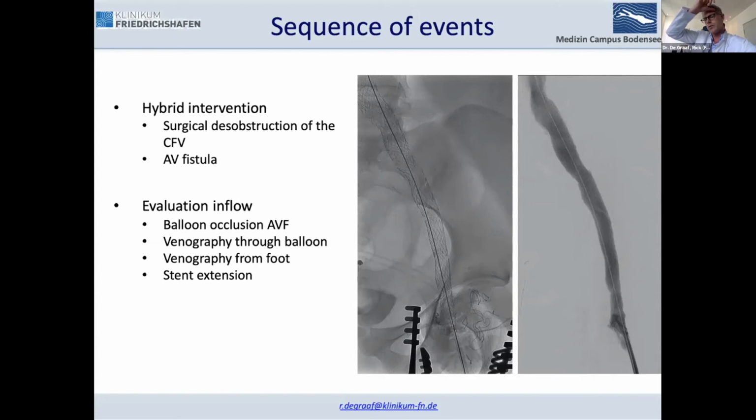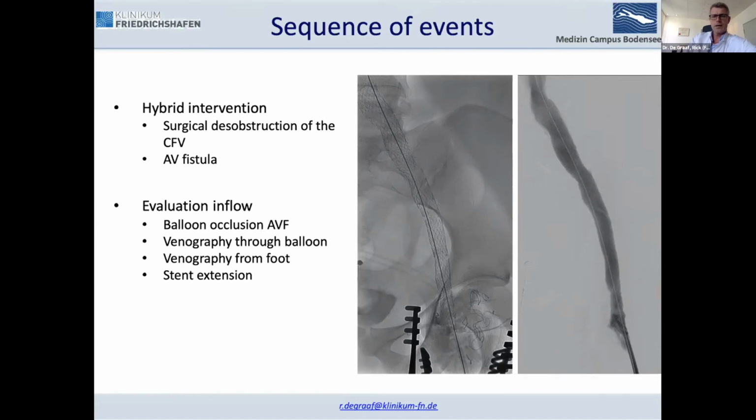Thereafter, I inflate the balloon, take out the wire and do an angio through the lumen of the balloon, thereby blocking the arterial flow, and you can see the spontaneous outflow of the veins, and thereby you can estimate whether this flow is enough to leave the stent open without a fistula.